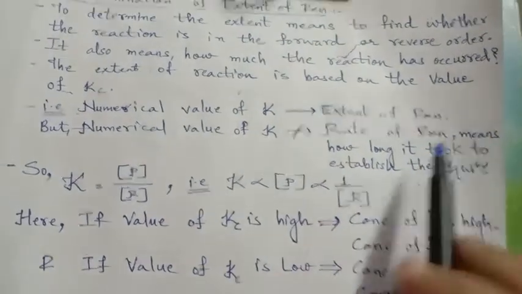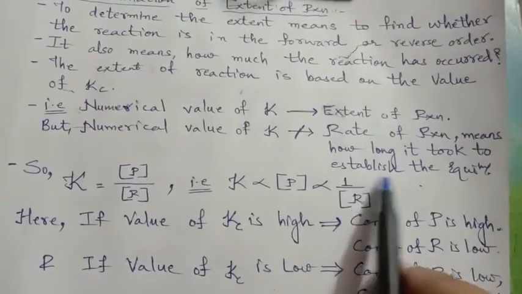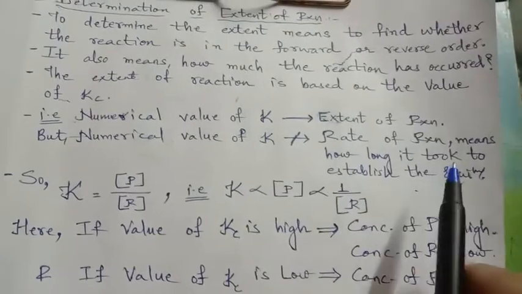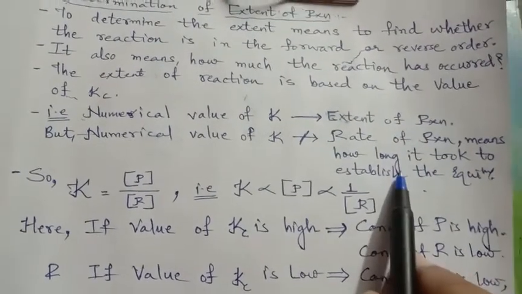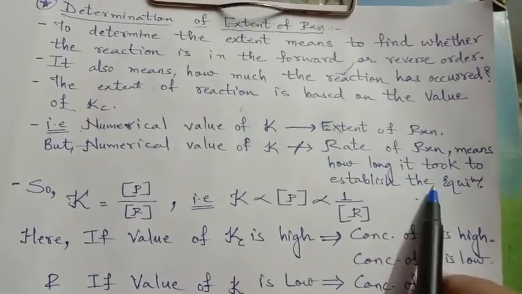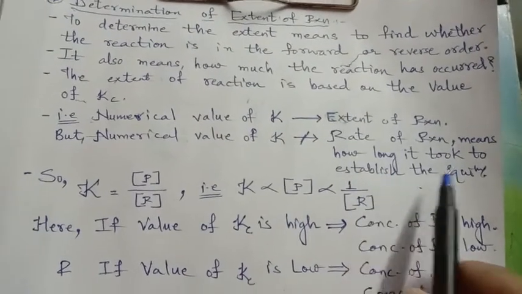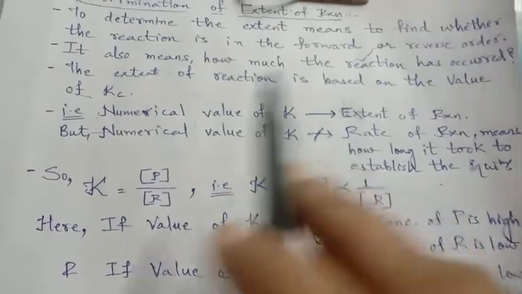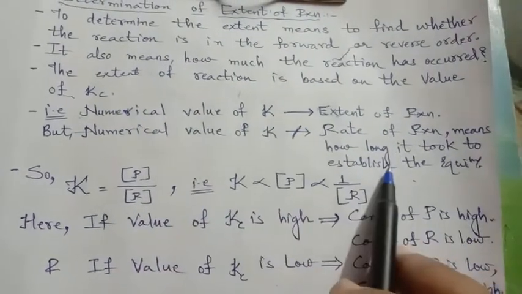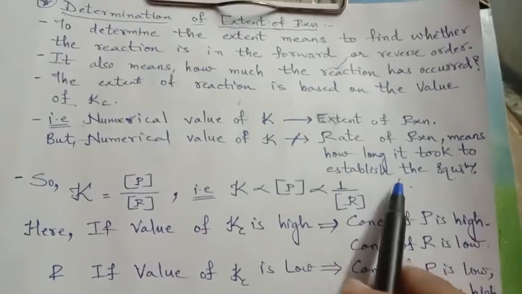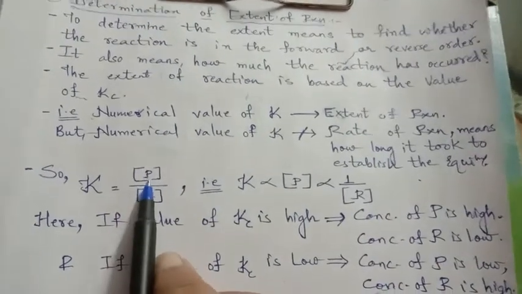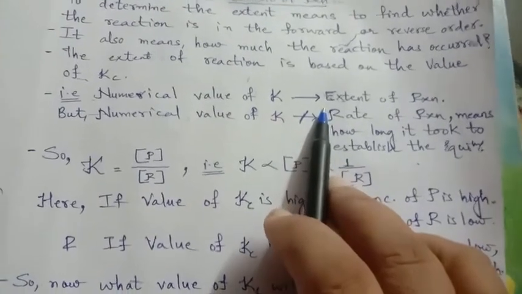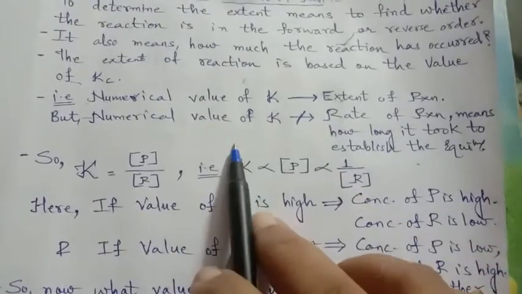It means how long it took to establish the equilibrium. So the value of K does not tell us how long the reaction took to establish the equilibrium, but it tells us whether reactant is reacting and product is produced, or products are reacting and reactant is produced, or whose concentration is more, reactants or products.